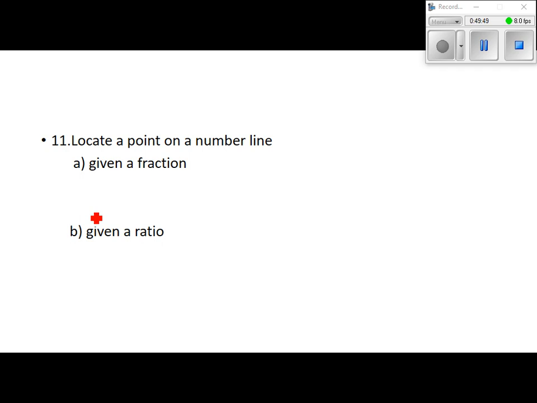Next one, locate a point on a number line given a fraction. So we're trying to find the one coordinate on a number line. Anybody have that formula there somewhere? So A over B, is that what we used?